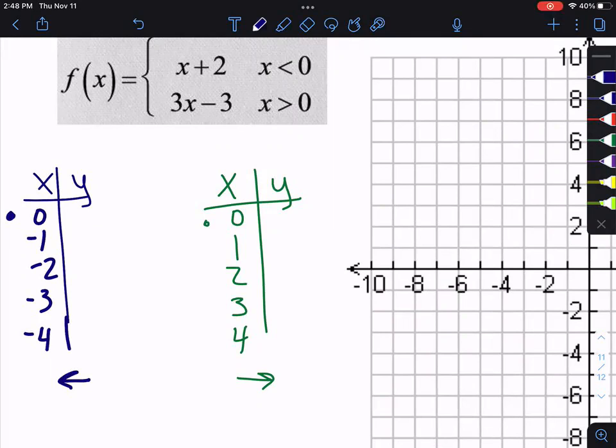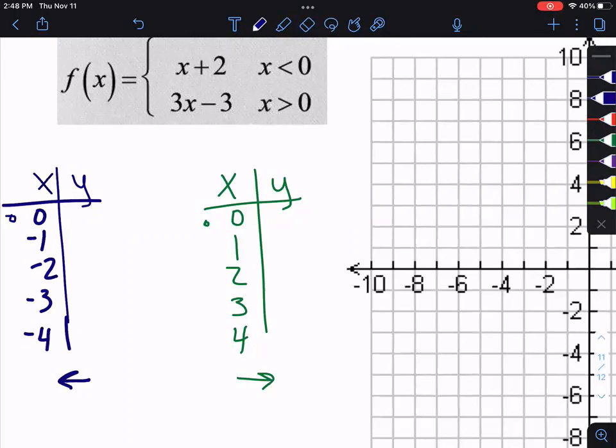So for these two constraints, I'm using x values less than 0 for the left. This should be an open circle over here, so an open circle at 0.